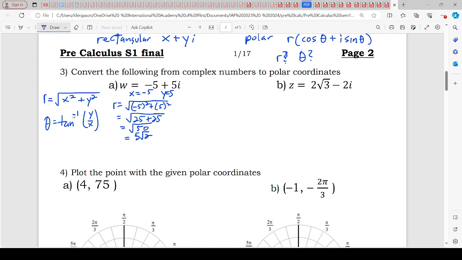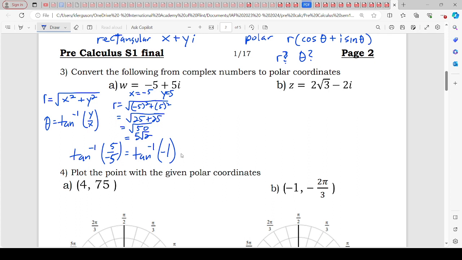All right, now I need to get the tangent. I need the inverse tangent of y over x, so that's 5 over negative 5, or the inverse tangent of negative 1. That's what it should be. I'm going to explain, I know exactly what you're talking about.